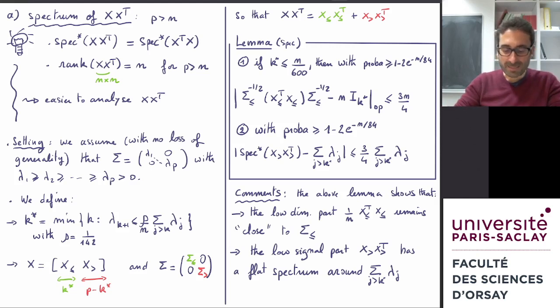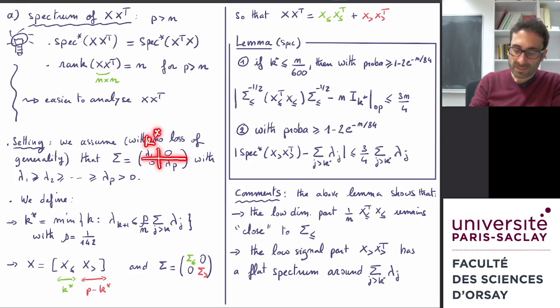All the eigenvalues that are larger than this one. We see that this kappa star will play an important role. Essentially, for j smaller than kappa star, we have some low dimensional effect, and we have the portion of the space where j is larger than kappa star, where we have a high dimensional effect. So we will split our data. Here we have kappa star, and here we have the remaining terms.